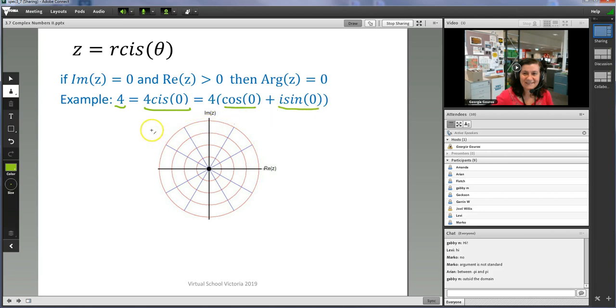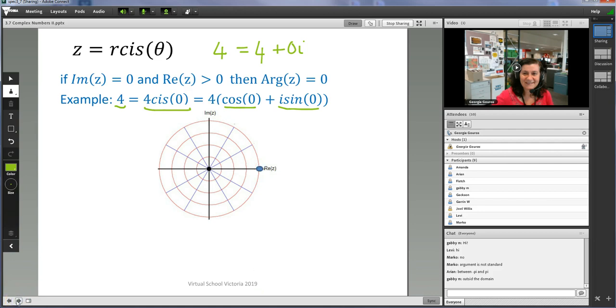So it's pretty handy that you can do that. You can express any real number in complex form and complex polar form. So 4 is basically equal to 4 plus 0i, for example, which is what you get when you expand 4 cis 0. Hopefully that makes sense.